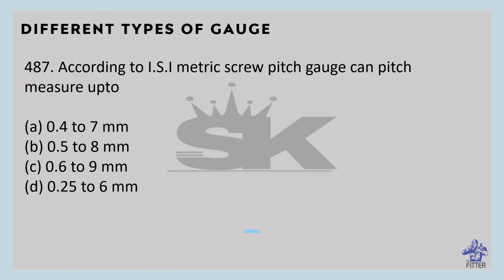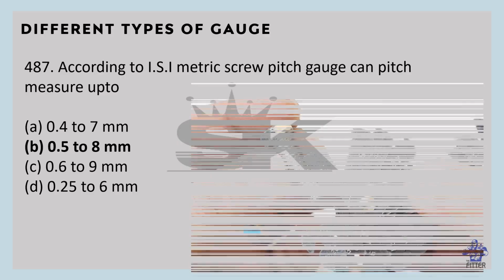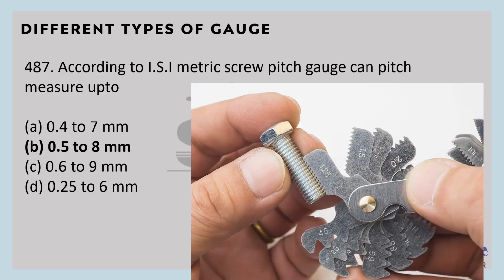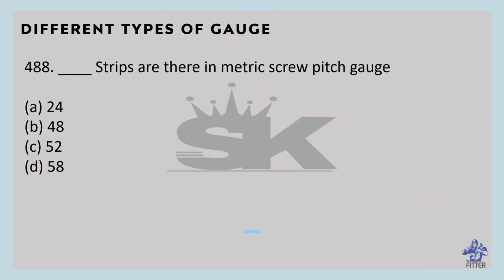According to ISO, a metric screw pitch gauge can measure pitch from 0.5 to 8 mm. You can see here the screw pitch gauge. There are 24 strips in a metric screw pitch gauge.